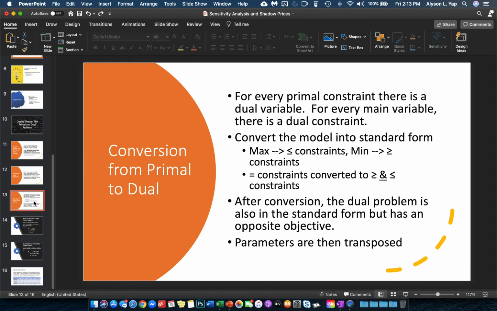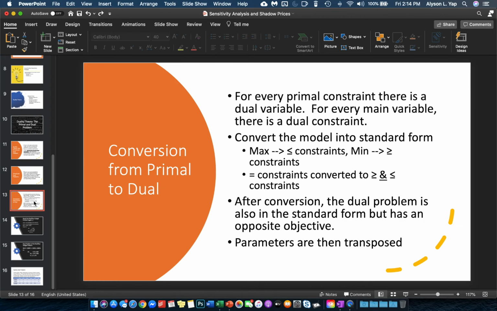Now, because we have a dual variable for every primal constraint, we can also observe that in this case, for every main variable in the primal problem, there will be a corresponding dual constraint. Okay?